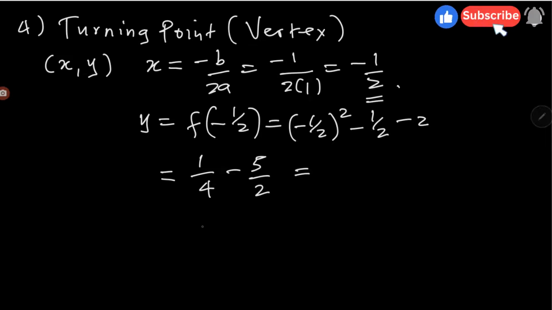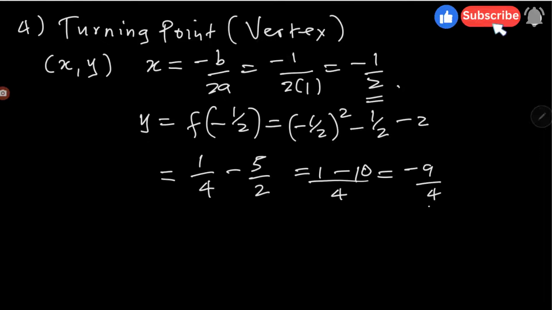If we evaluate this, the denominator is 4. 4 into 4, 1. 1 times 1, it's 1. Minus 2 into 4, it's 2. 2 times 5 is 10. This will give us negative 9 over 4.